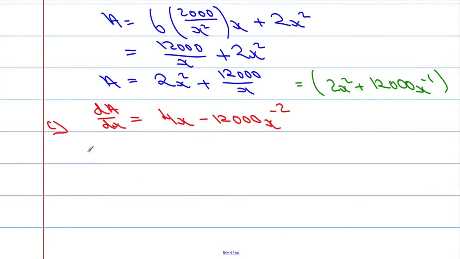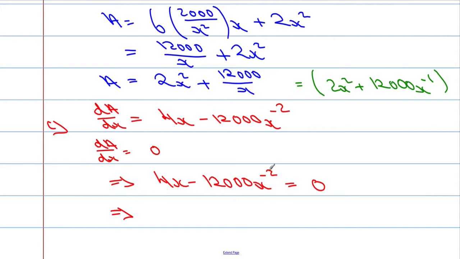So maximisation and minimisation are stationary points. So from the last video, we're going to have a max or a min when dA/dx is equal to 0. So 4x minus 12,000 x to the negative 2 must be equal to 0.